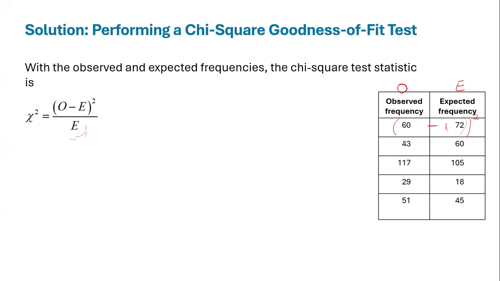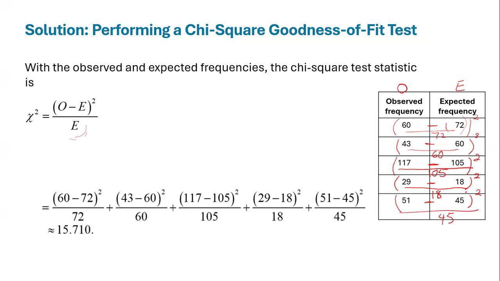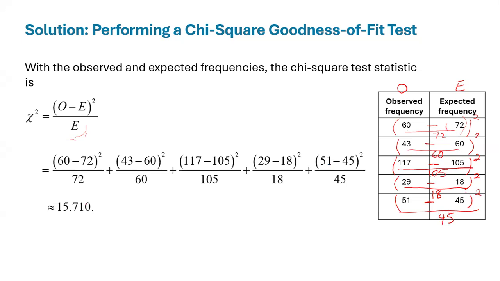For the second category, 43 minus 60, squared, divided by 60. For the third category, 117 minus 105, squared, divided by 105. For the next one, 29 minus 18, squared, divided by 18. And the last category, 51 minus 45, squared, divided by 45. After adding all these results, we get 15.71.